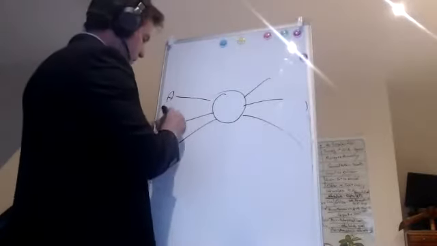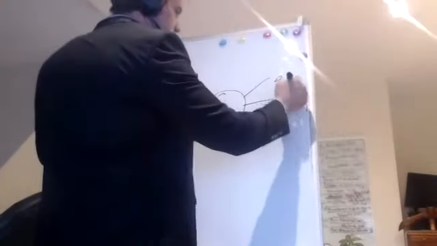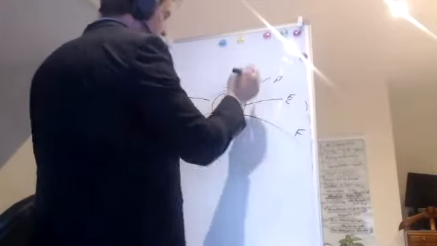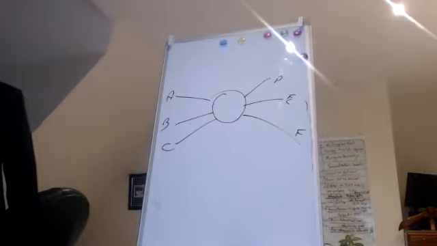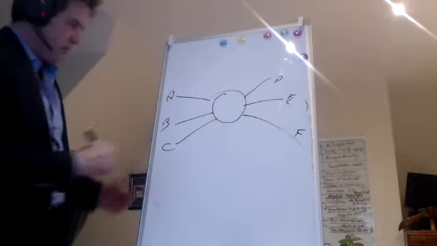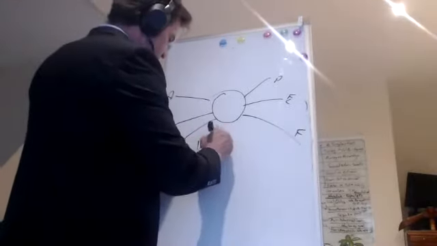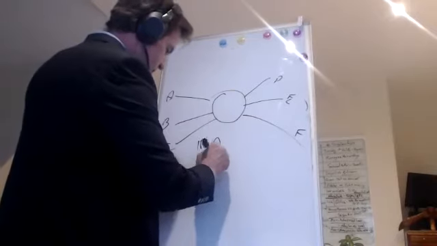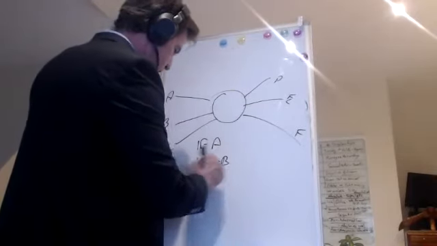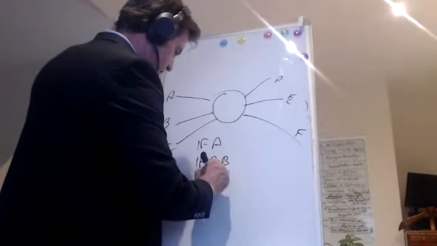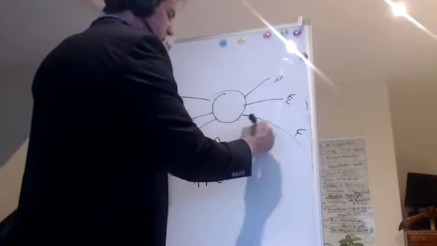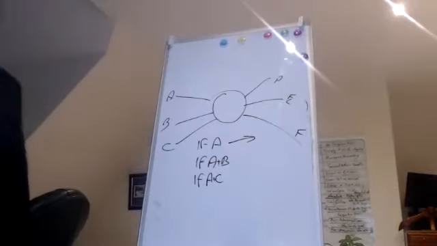So A, B, C, D, E, F. And the sort of values that we send can vary. So if A, if E plus B, if A, C, then etc. Okay, so what is ABCD here?